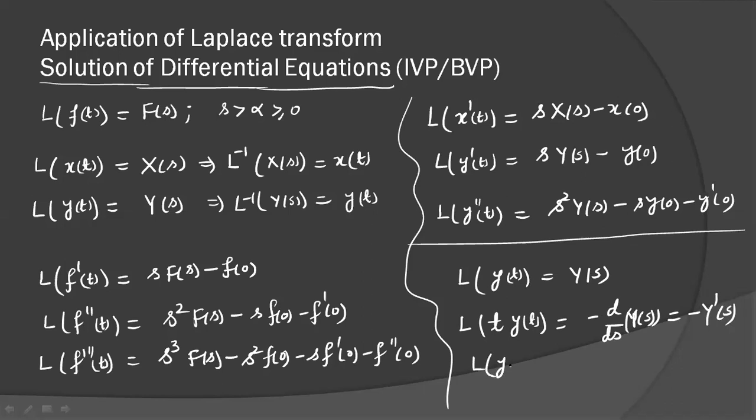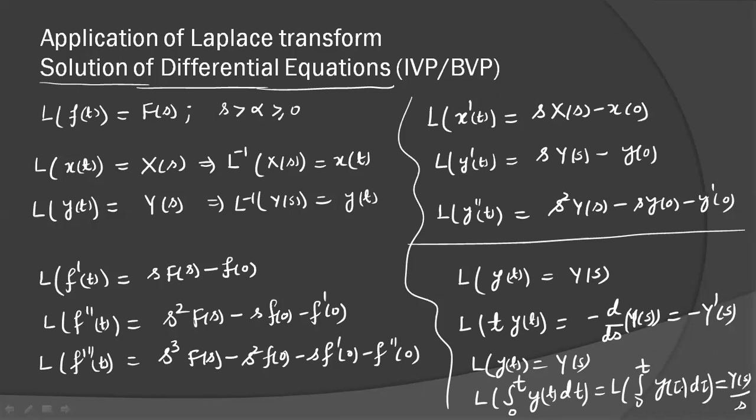I also told you if the Laplace of y(t) is Y(s), and if you integrate from 0 to t y(t), or y(tau) d tau, some books write 0 to t y(tau) d tau, the meaning is the same, it is nothing else but Y(s) by s. We have to divide by s. I told you this property in lecture 2, part 2 of the Laplace transformation. So this is the quick revision of the formulas which will be useful today for the applications.